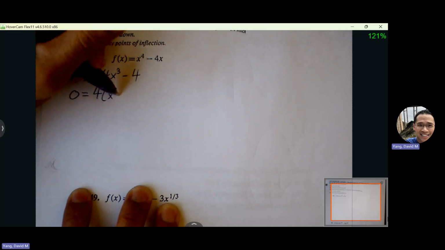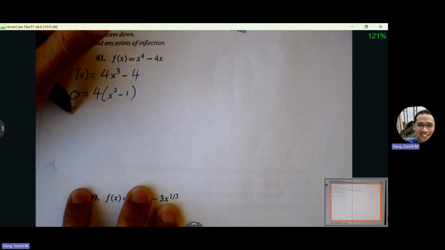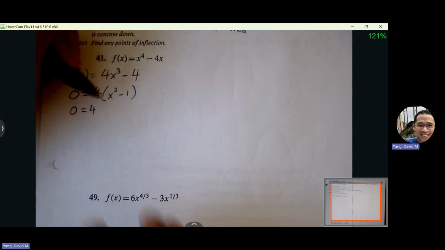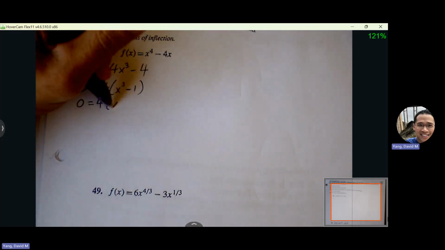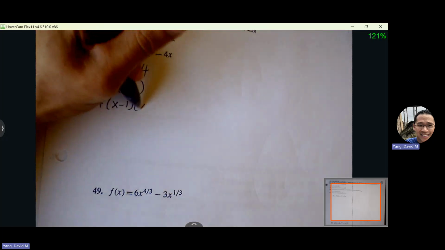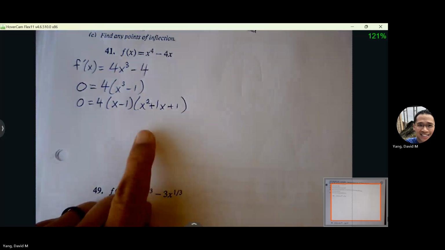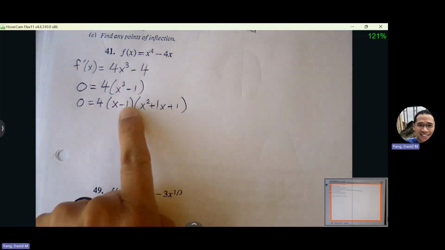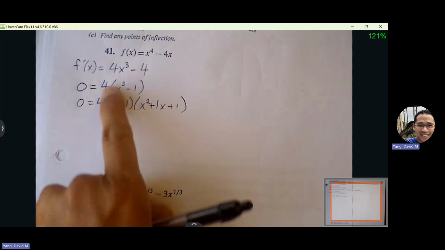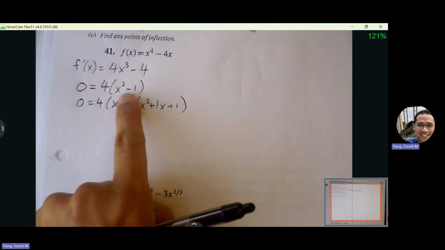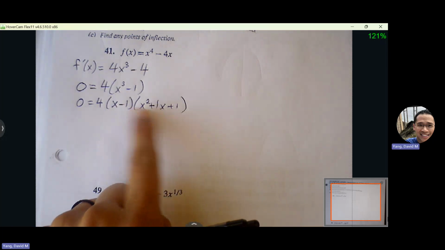Oh, sorry about this one. This one is a difference of cubes. I'm not going to ask you to have to factor this, but let me just write it out for you. Okay, there's nothing that's going to come out of this. It's just going to be one critical point at x equals 1. Again, we're not going to have to do this. So just for now, go through this process with me.